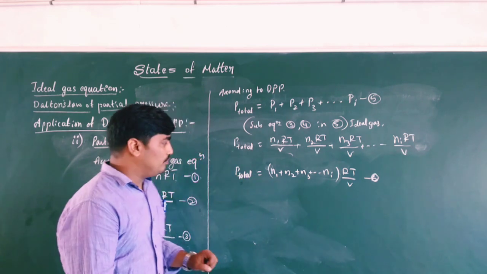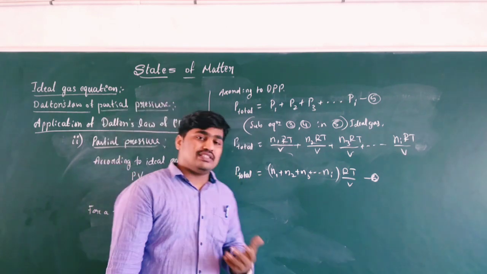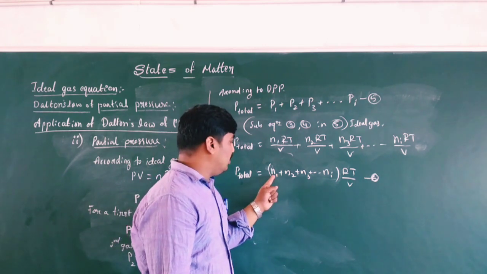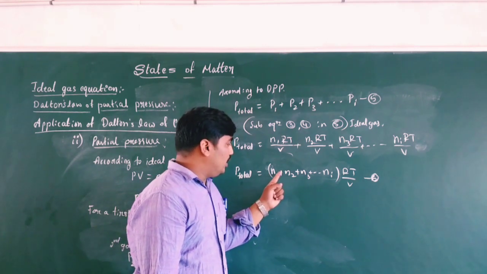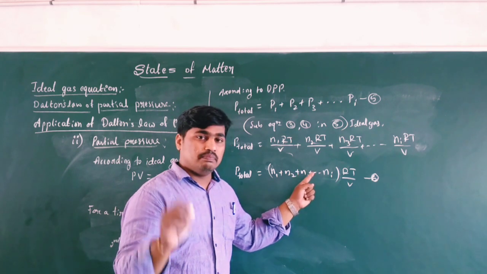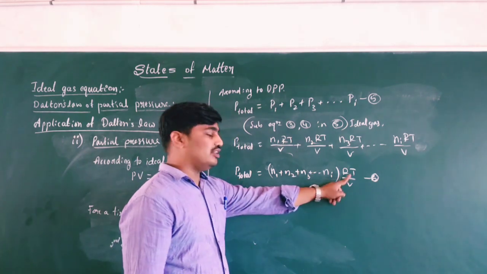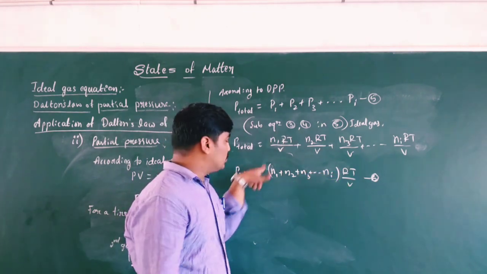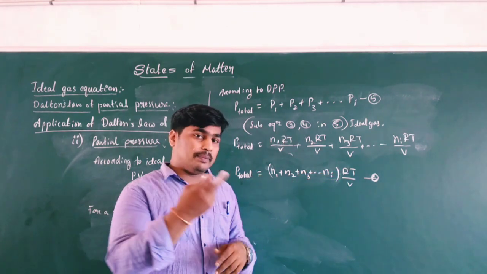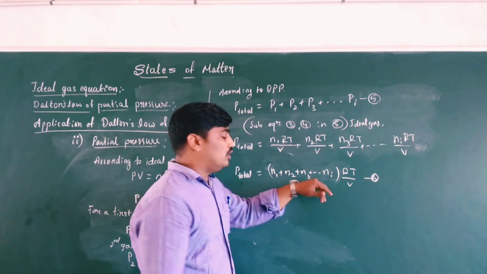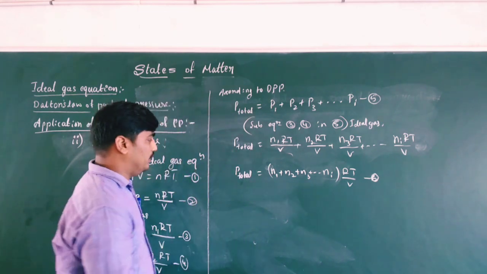It concludes that the total pressure exerted by the system depends upon the amount of gas present in the system. RT by V is constant, so if we remove the constant, P total is proportional to the total amount. The total pressure depends on the total amount, okay.